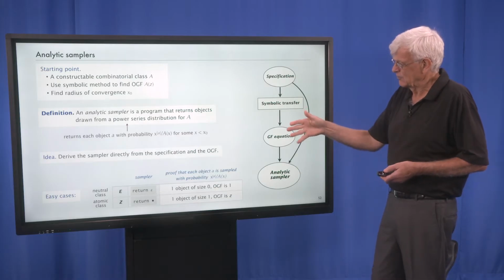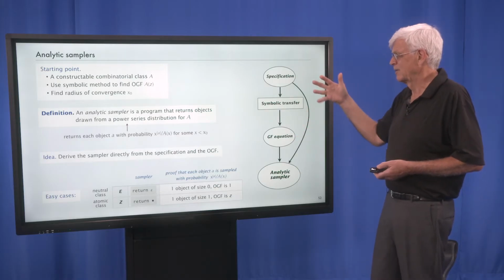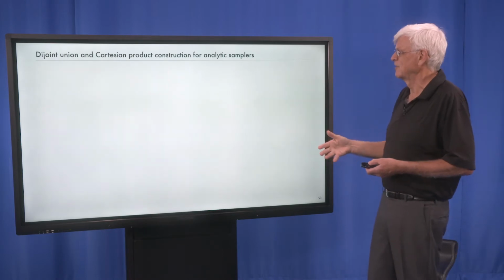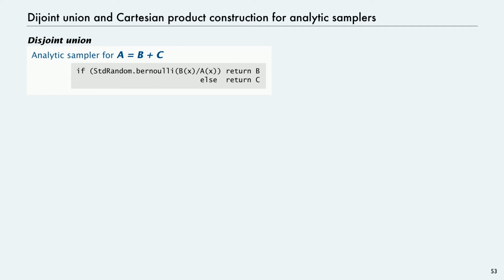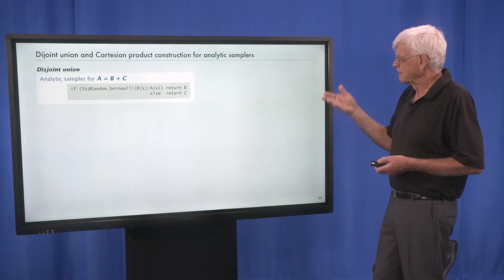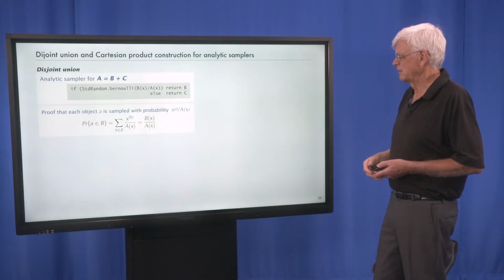Now what we want to do is build on that for the other combinatorial constructions that we typically use. For example, disjoint union. The analytic sampler for the disjoint union of two combinatorial classes is just flip a coin with probability B(x) over A(x). If it comes up heads, return B, otherwise return C. That's the disjoint union.